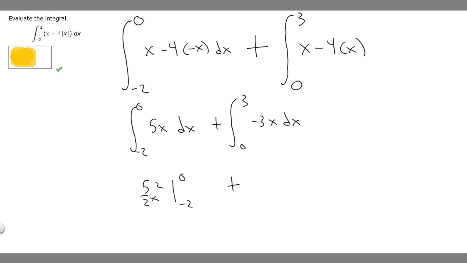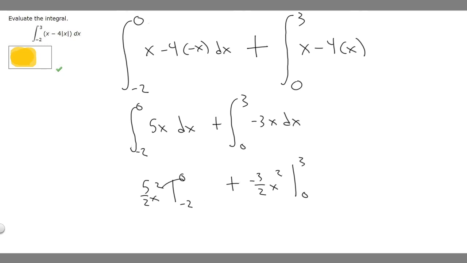So minus 3x is going to become, we add 1 to the exponent, so 1 plus 1 is 2, divided by 2, multiply by our constant. So it's going to become minus 3 over 2 x squared, evaluated from 0 to 3. Let's go ahead and solve.